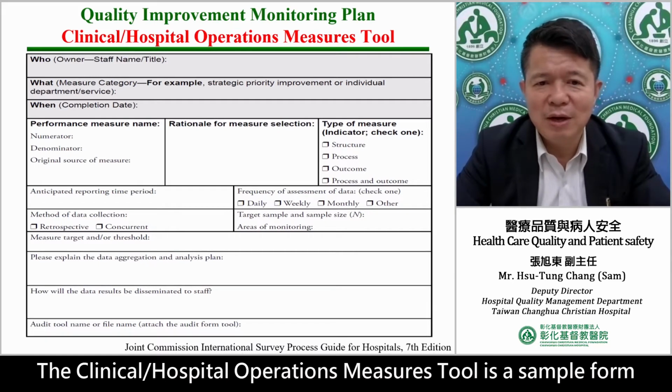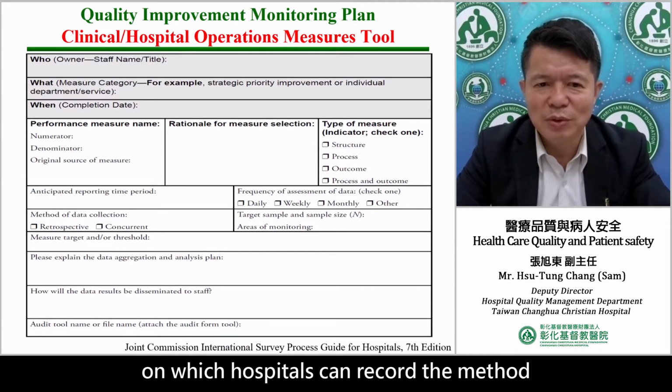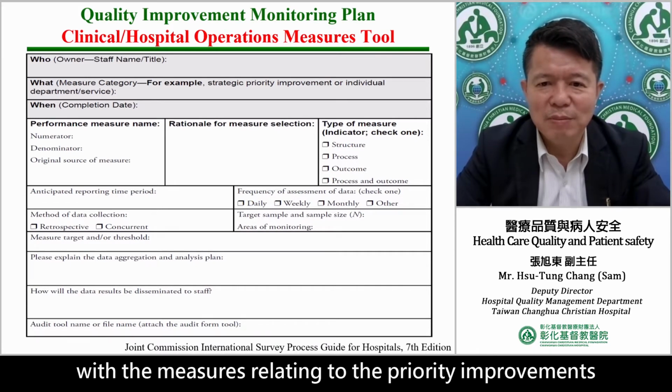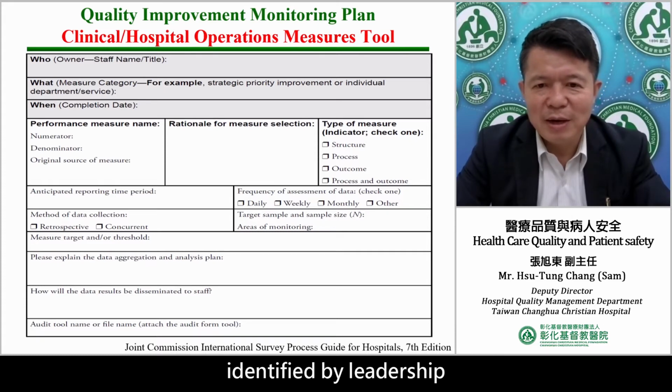The clinical hospital operations measures tool is a sample form on which hospitals can record the method that will be used to evaluate the effectiveness of ongoing compliance with the measures related to the priority improvements identified by leadership.